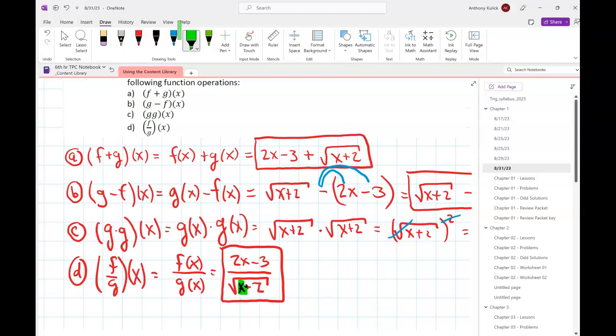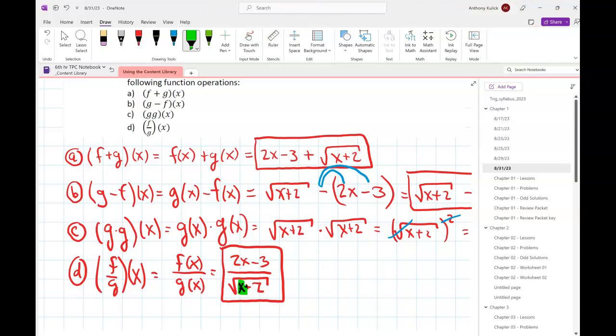If you did go ahead and rationalize the denominator by multiplying the top and bottom by root x plus 2 over root x plus 2, it's fine. I'm not going to mark it wrong, but you're doing more than you need to. Everybody happy so far? Again, this should be pretty easy. This feels pretty easy.